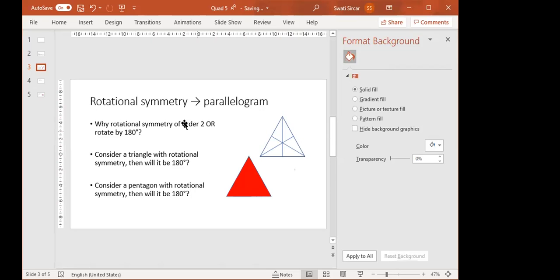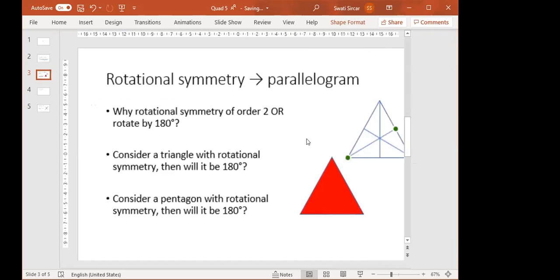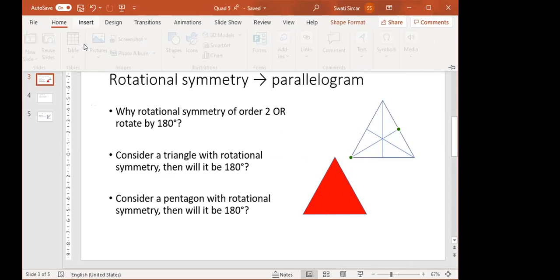Now let us consider these things. This is an easier way to put it. So I can still draw the arcs to show the angle.